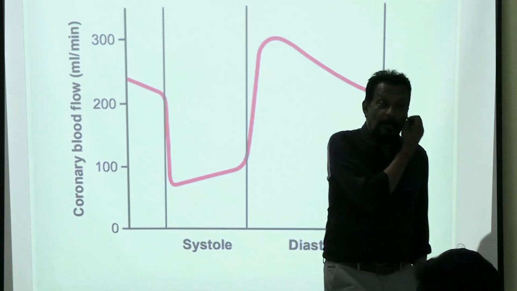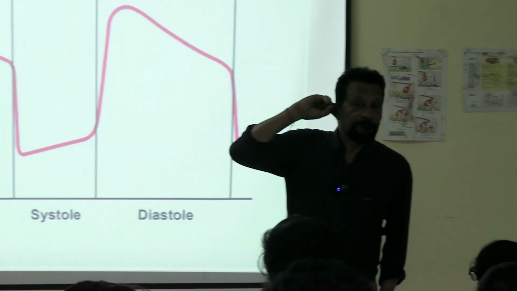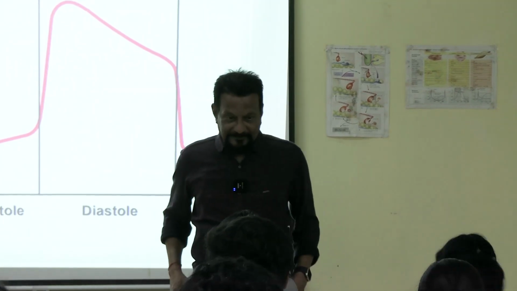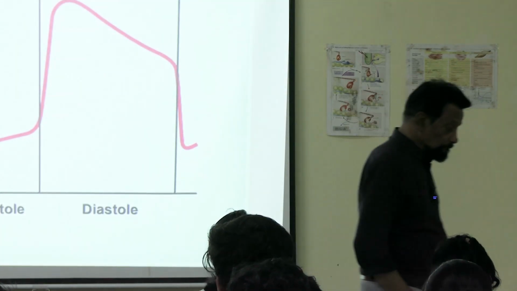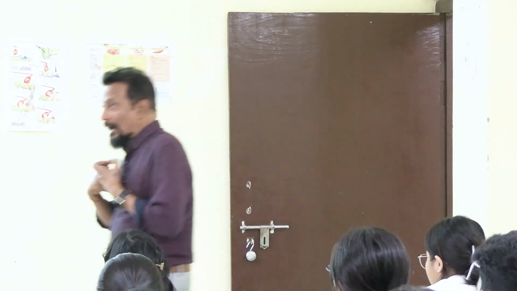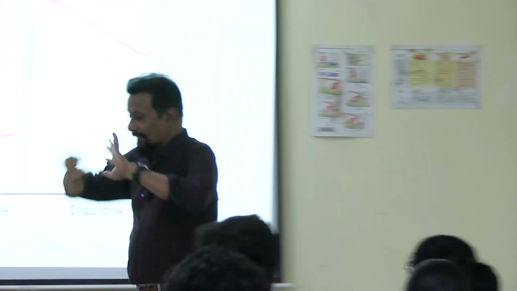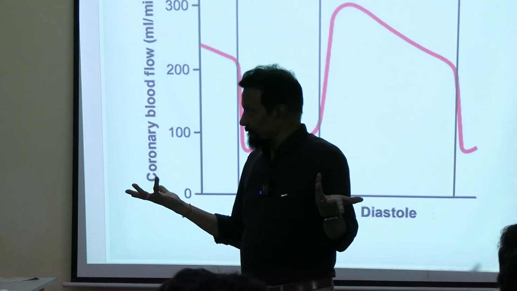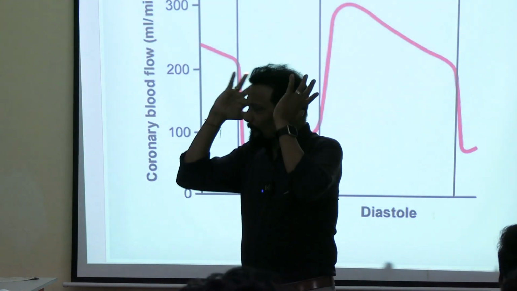Okay. Now see another point. Cardiac output. How much? 5 to 6 liters per minute. And out of this 5 to 6 liters of blood coming out of the heart, circulating throughout the body, where is this blood going?